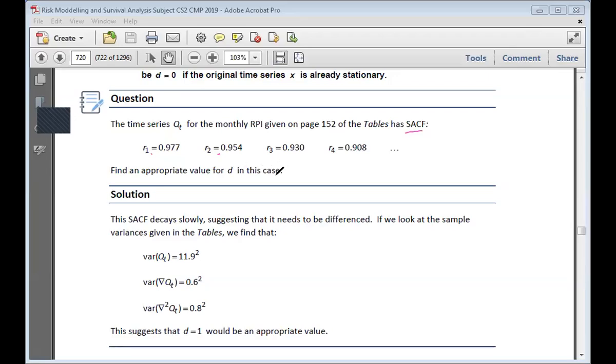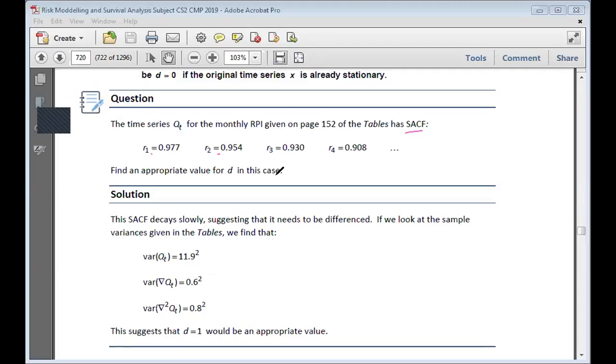I hope all of you have your table booklets with you. If not, you can access the PDF as well. So if you go to page number 152, you will see something. I'll post a picture on the group maybe for you guys to have a look as well. So the part which I have marked are the ones that we have to take into consideration.